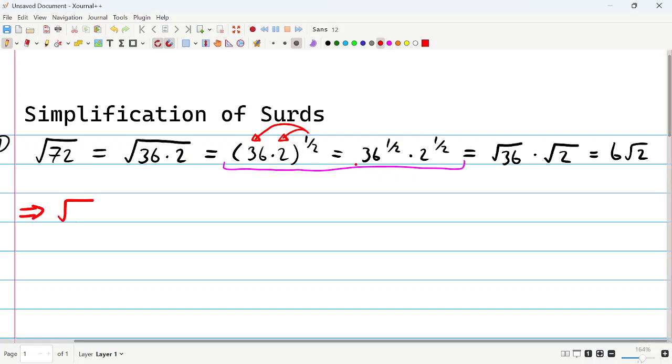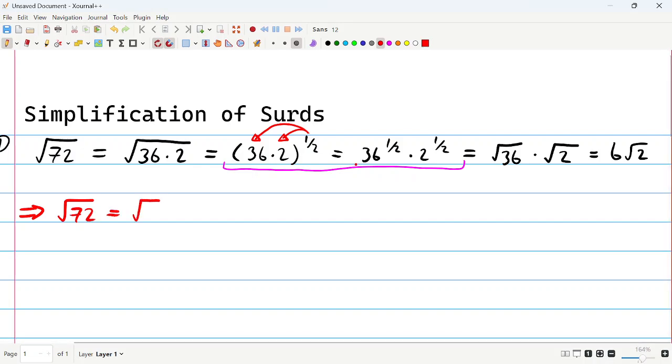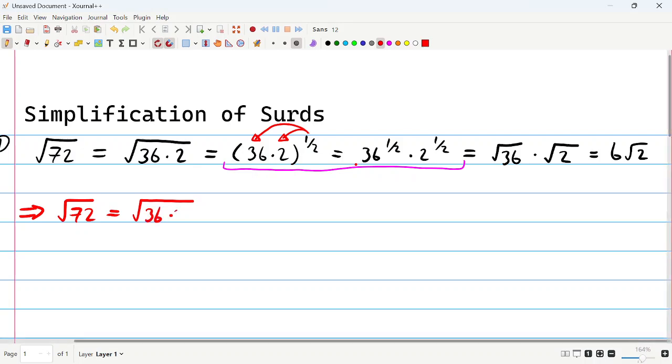If we do this question, square root of 72, we can rewrite it as the square root of 36 multiplied by 2, and we can use the properties of surds to break the surd up because of the multiplication sign.